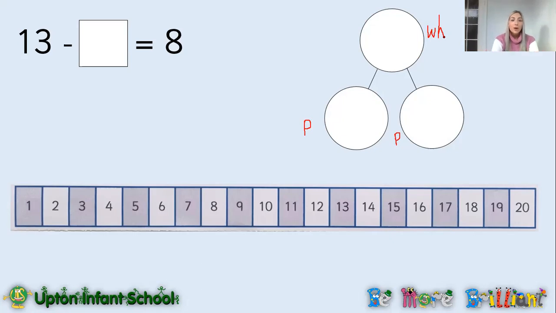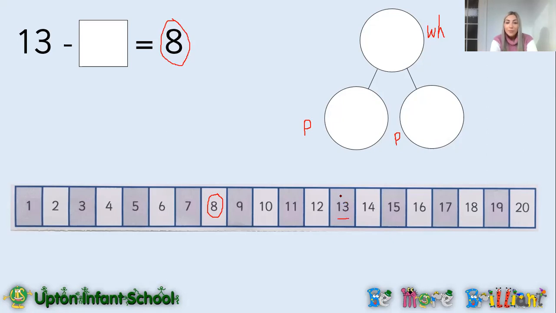Okay, so 13 is our first number. I found it a lot easier last time when I circled my number first, when I circled my answer, so I knew when to stop. And I'm going to start on 13 because that's the first number and the biggest number.